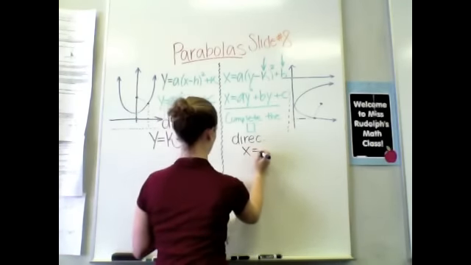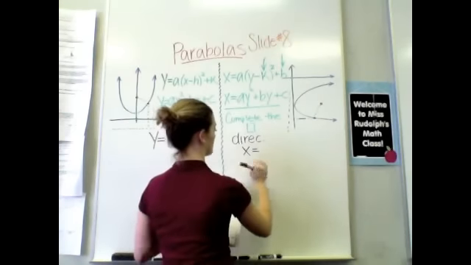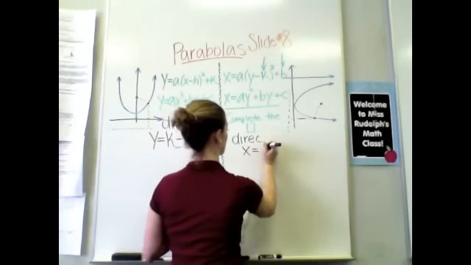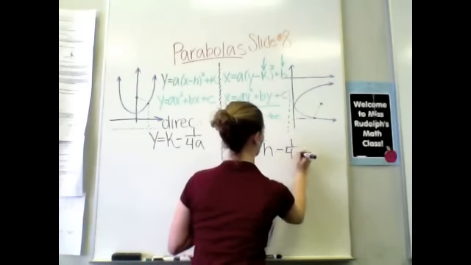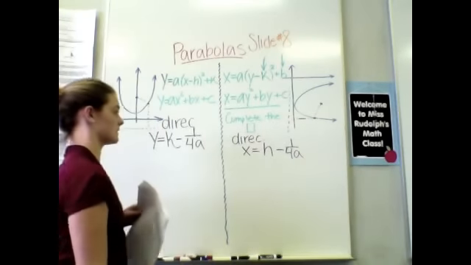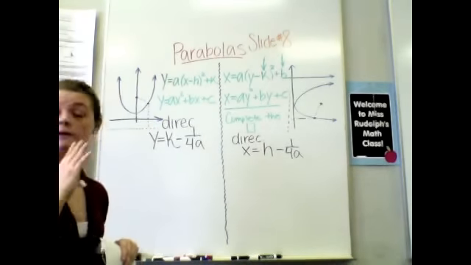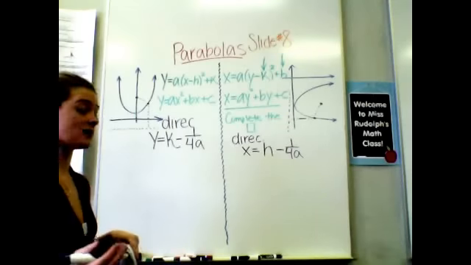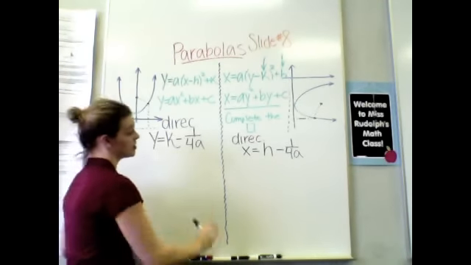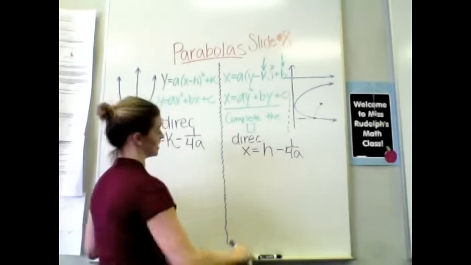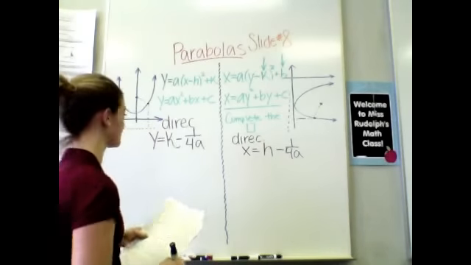X is equal to, this time, because it's x, it'll be related to the h minus 1 over 4a. A very important skill in this unit will be noticing the patterns. Do you see the k coordinate in your vertex when given the directrix? Do you see the h coordinate given in your equation for a directrix?